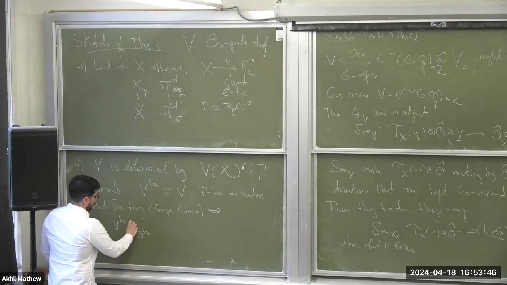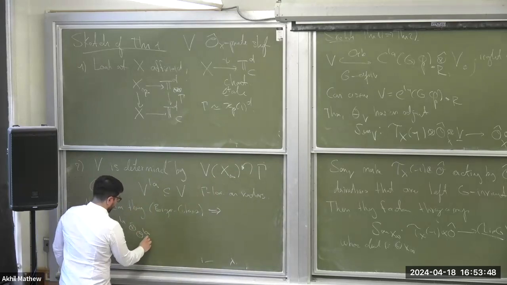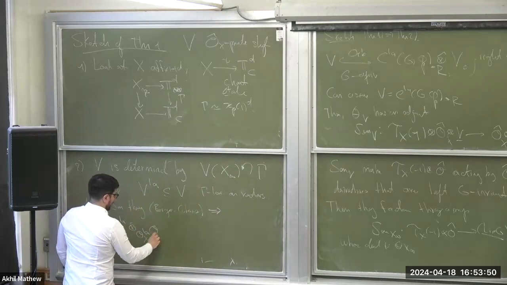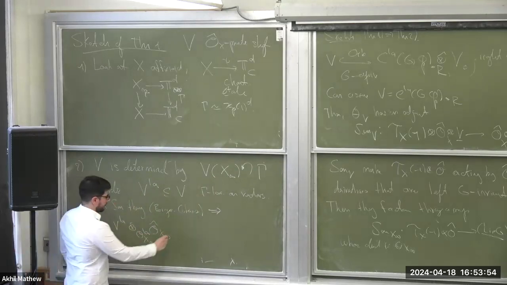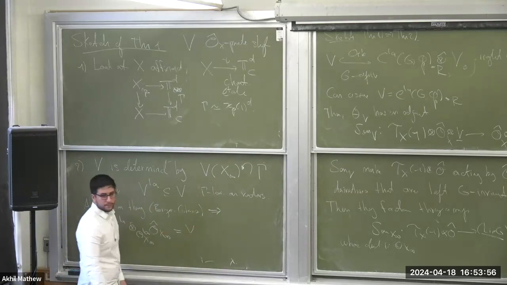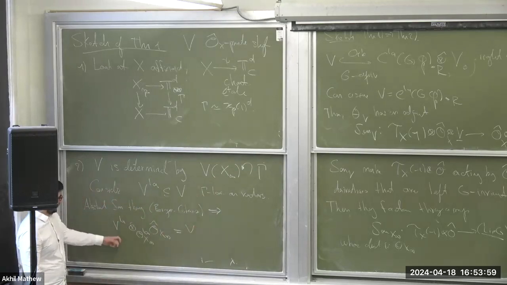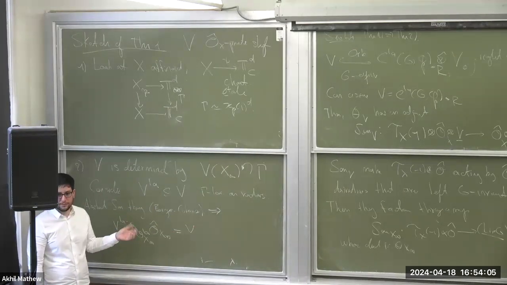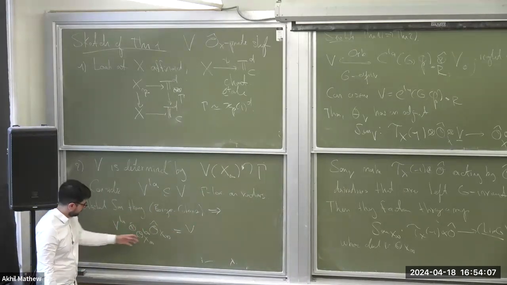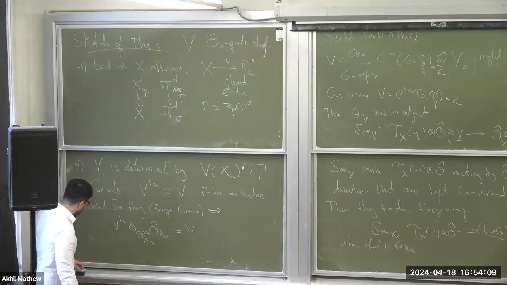And if I just extend the scalars to X infinity, I will recover V itself. So basically, Sen theory tells me that I can complete this thing using these local analytic vectors. So this is where all these computations with traces and stuff play a role. It tells me that you can do that.